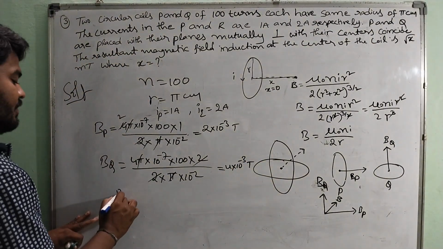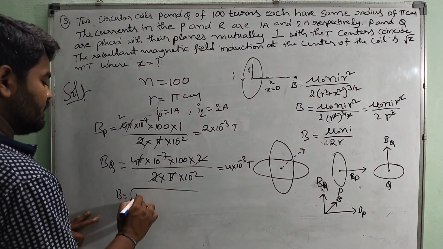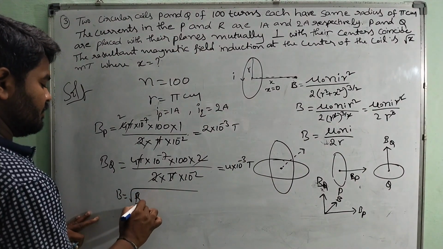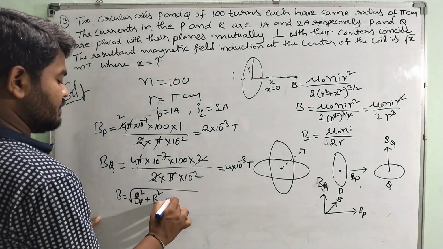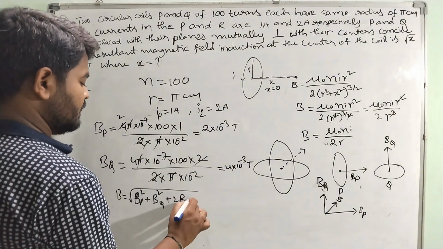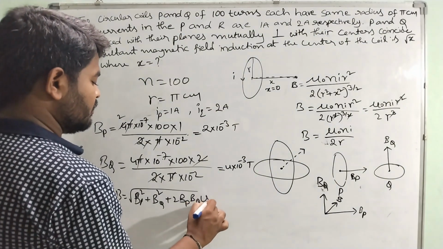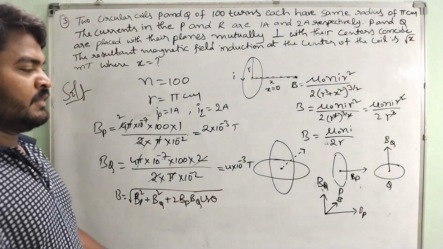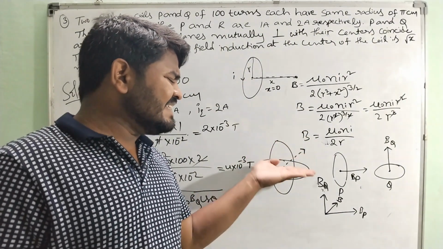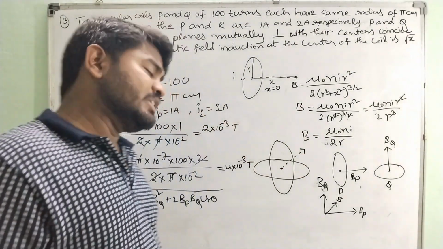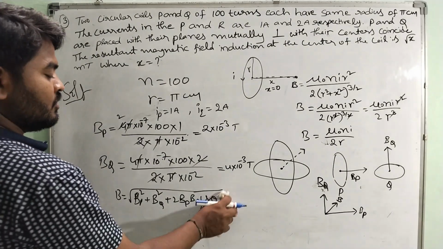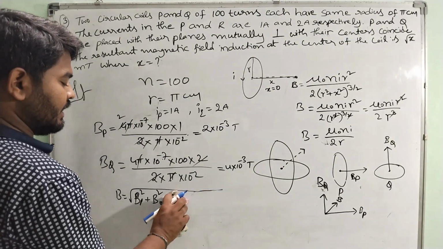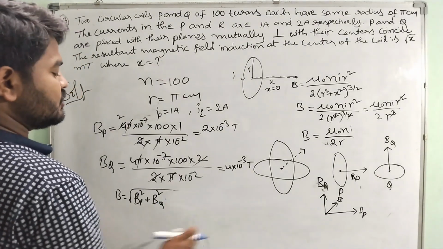The resultant formula is root over BP square plus BQ square plus 2 BP BQ cos theta. Here these two coils are perpendicular to each other, so theta is 90, and cos 90 is 0. So we can neglect this term because it becomes 0.